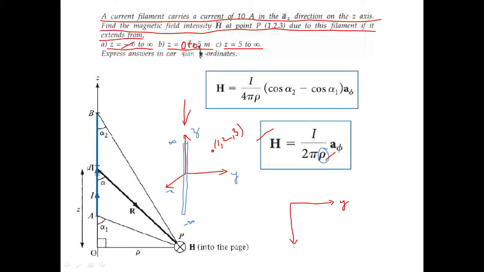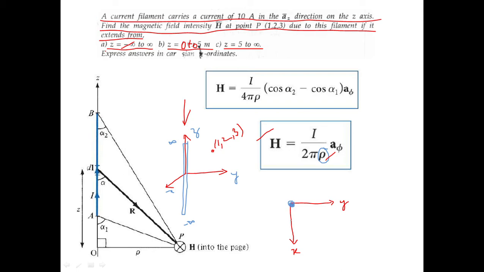Now we are interested only with respect to x and y here because z is from plus infinity to minus infinity. If you see, the infinite conductor will be like this, from plus infinity to minus infinity. Since we are interested only in the perpendicular distance, we are interested only with respect to x and y. How do you find x and y? x y z is 1, 2, 3.